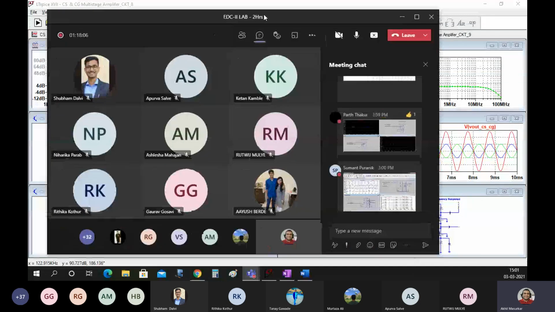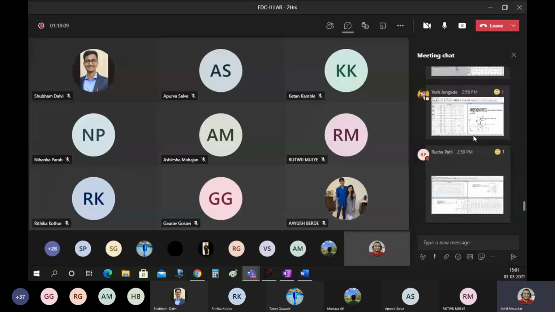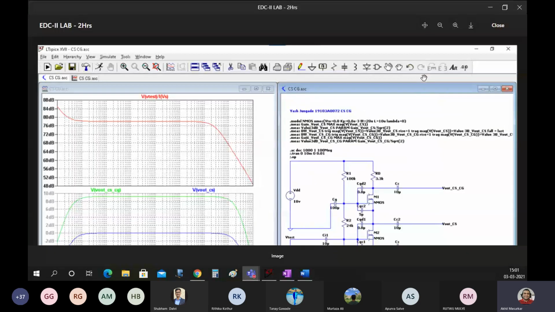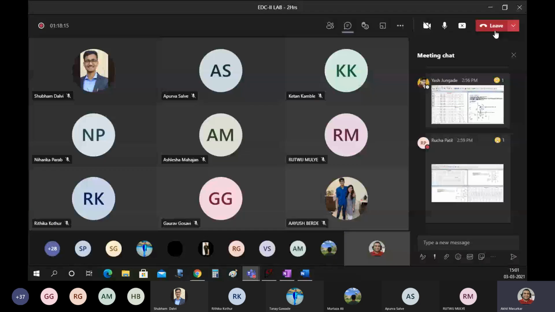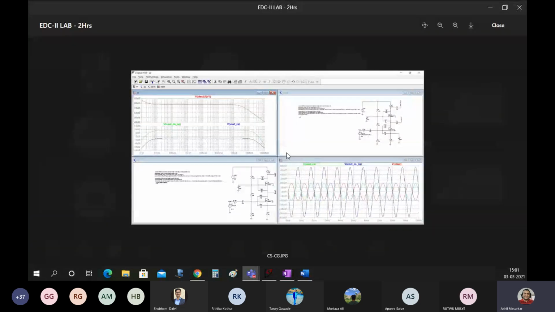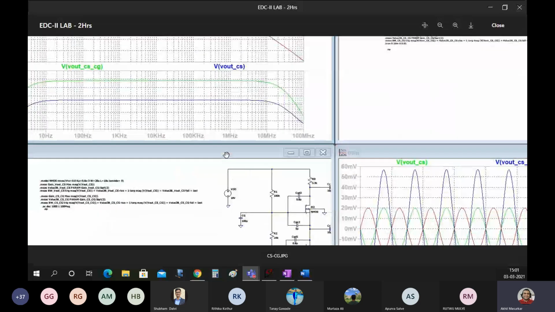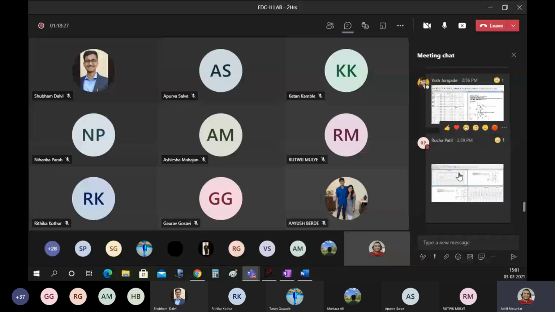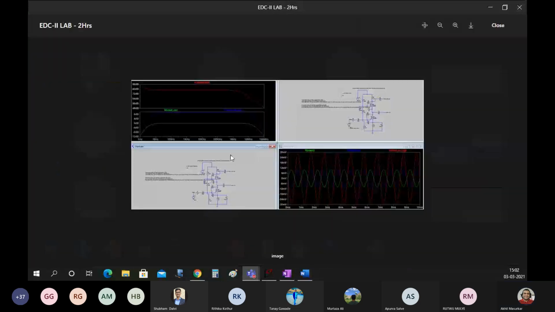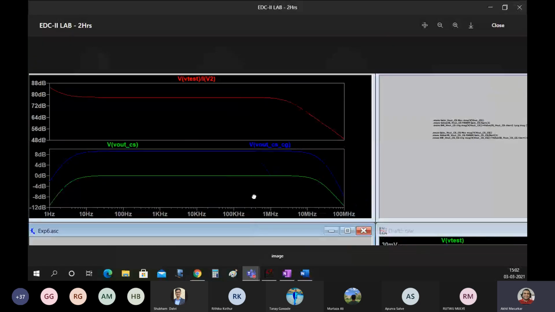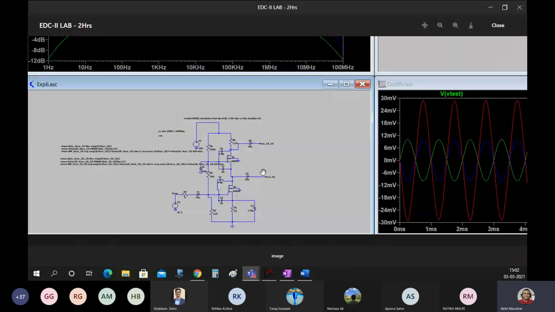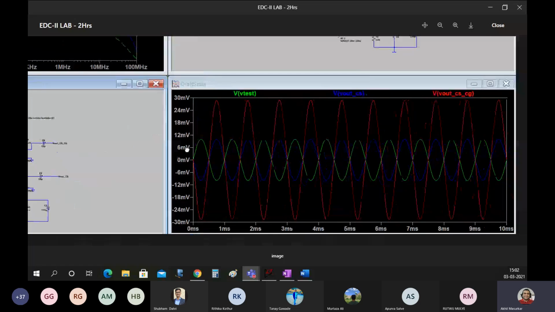Okay, yes, this is correct. Richa, yes, perfect. Parth, this is good, but change the background to white of these graphs and put the grid on. Understood, Parth? Yes, sir. Grid on. Okay, so you have taken 10 millivolts peak to peak.